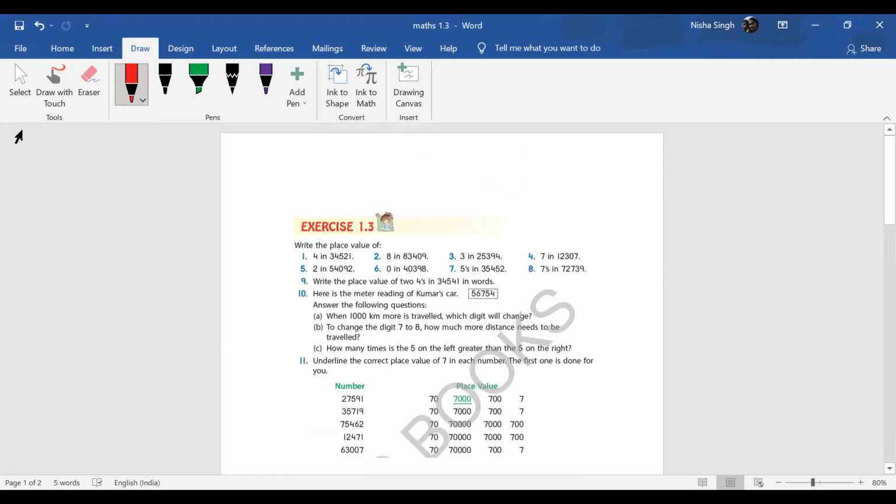So here you can see that the first question is: write the place value of 4 in 34,521.